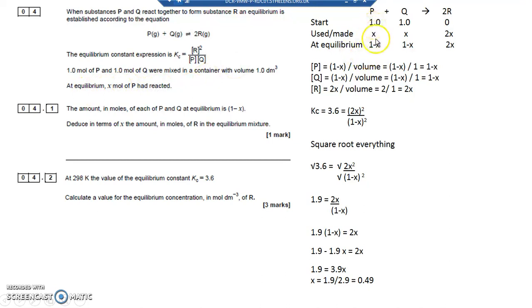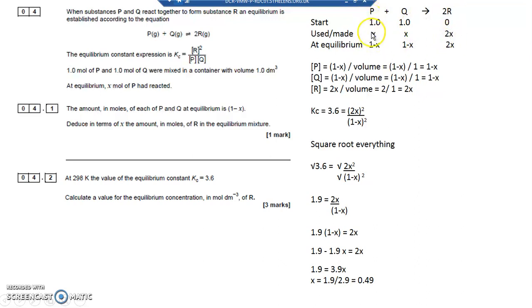So if X moles of P have reacted, then it must mean that X moles of Q have reacted, because 1 mole of P reacts with 1 mole of Q. So X moles of P have reacted, X moles of Q have reacted, and when 1 mole of P reacts, then 2 moles of R are made. So if X moles of P have reacted, then 2X moles of R have been made.